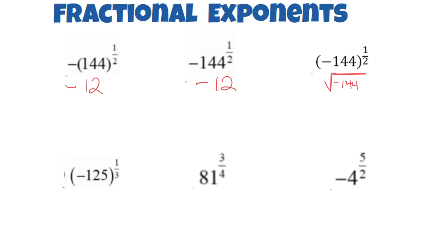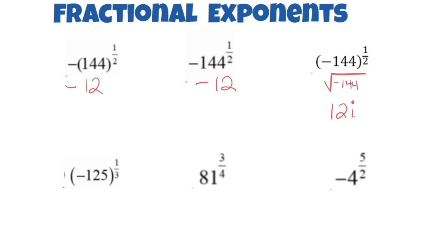Now, the problem with this particular one is that if I do that, I end up trying to square root a negative, which is going to force that to go imaginary. Now, we haven't talked about imaginary numbers, but those of you that remember from Algebra 2, that would just be called 12i. But I think on your homework, they just say it's a non-real answer because it ends up imaginary.